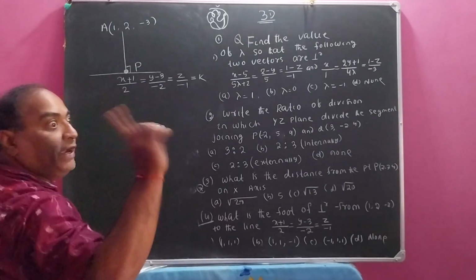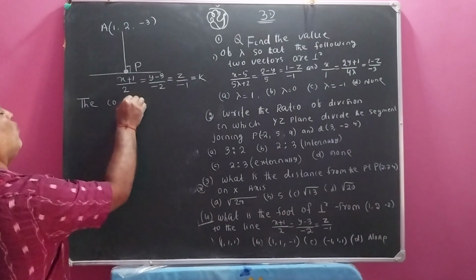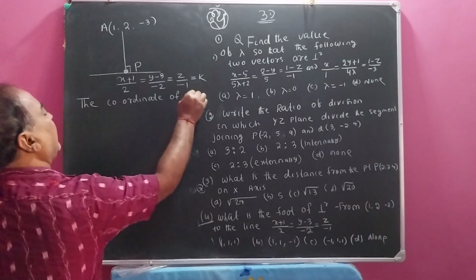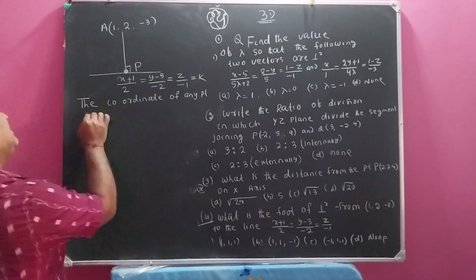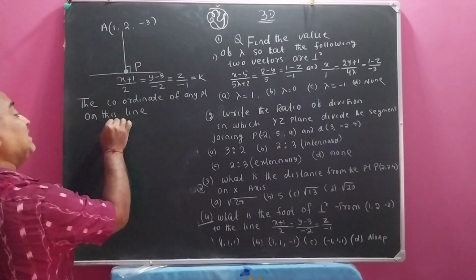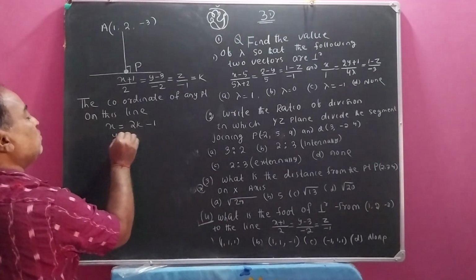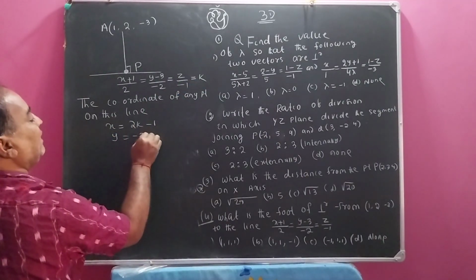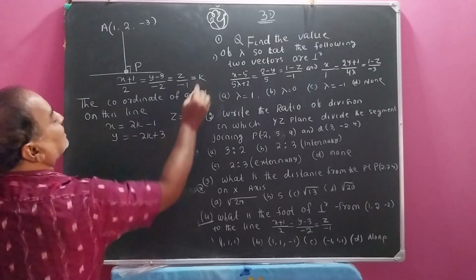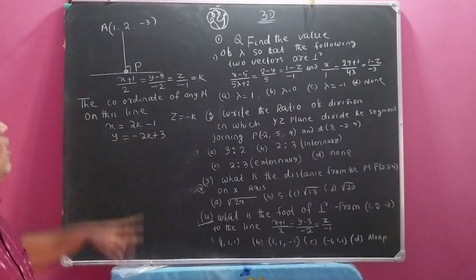The coordinate of any point on this line: x is equal to 2k minus 1, y is equal to minus 2k plus 3, z is equal to minus k. Okay, so this is the coordinate of any point on this line.